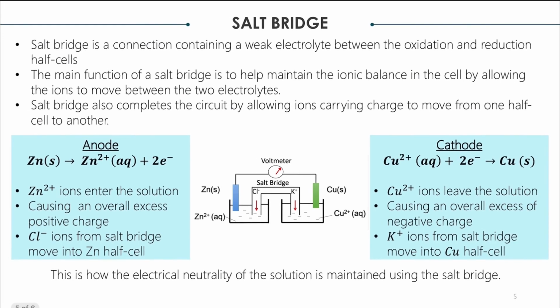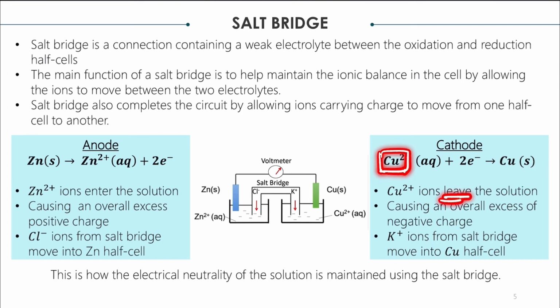At the anode, Zn2+ ions will enter the solution, causing an overall excess positive charge. So what will happen? Cl- ions from the salt bridge move into the zinc half cell. While at the cathode, Cu2+ ions will leave the solution.